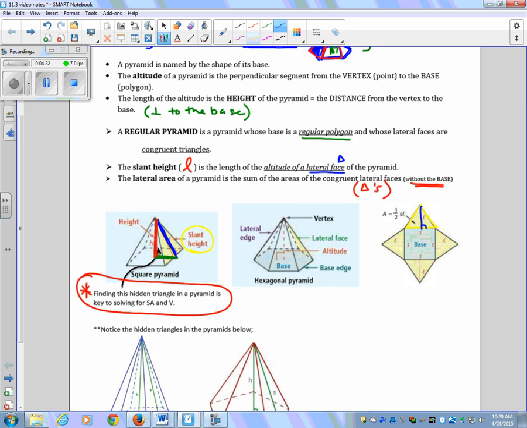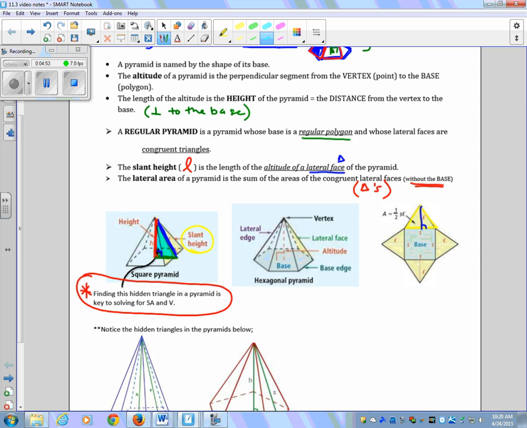That triangle, which is a right triangle, is the key because sometimes we need to solve for different parts of that triangle. I'm just going to highlight it here. This triangle in here.